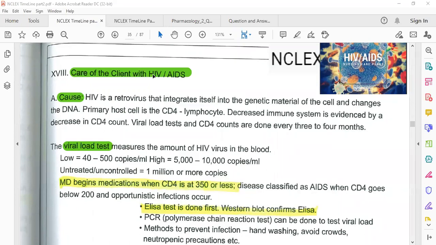HIV is a retrovirus that targets the CD4 lymphocyte, and the CD4 lymphocyte is a T cell or T lymphocyte, resulting in decreased immune function and susceptibility to infection, and we call this an AIDS patient.